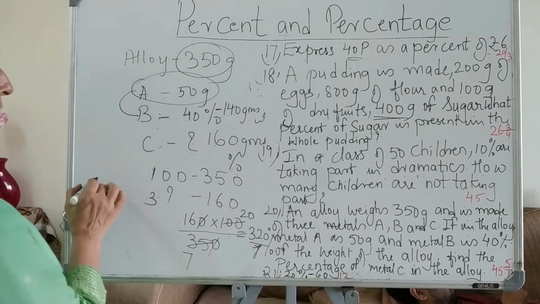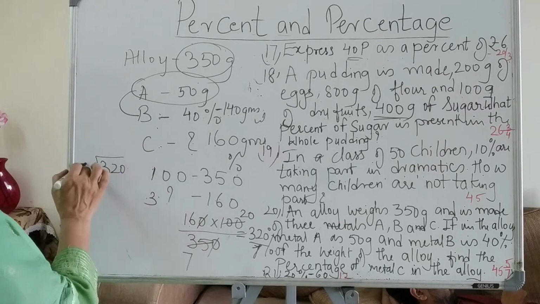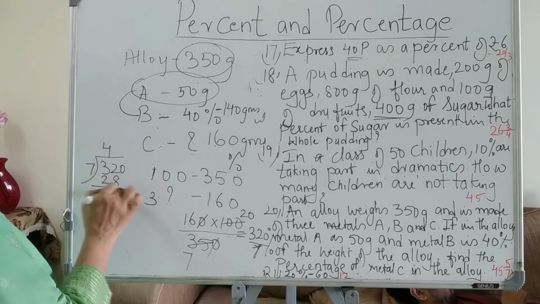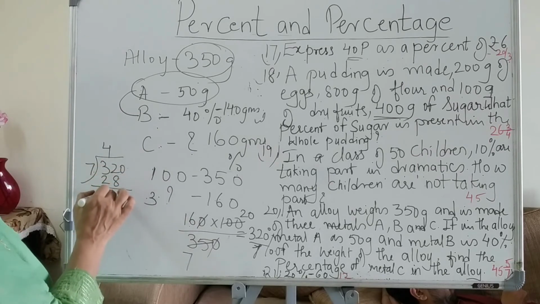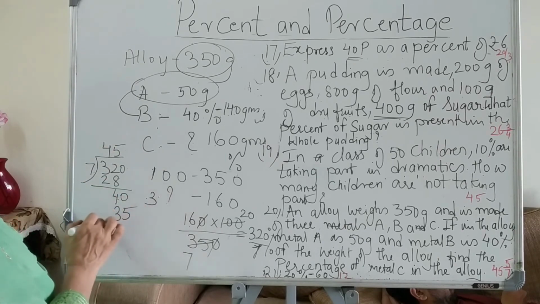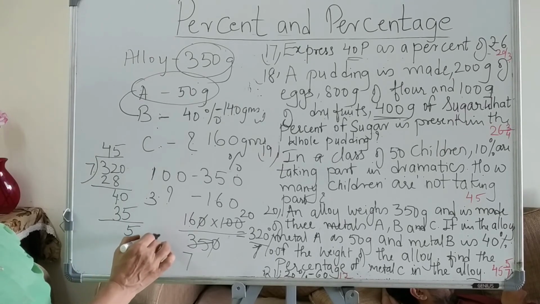We can further divide 320 by 7 to get the mixed fraction. 7 4s are 28, and 0. 12 minus 8 is 4. Now 7 5s are 35, 5 remaining, and you can write this in mixed fraction.